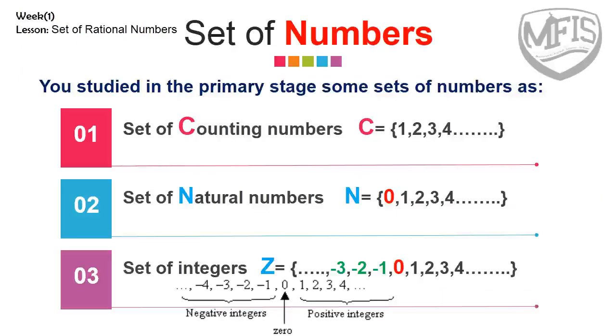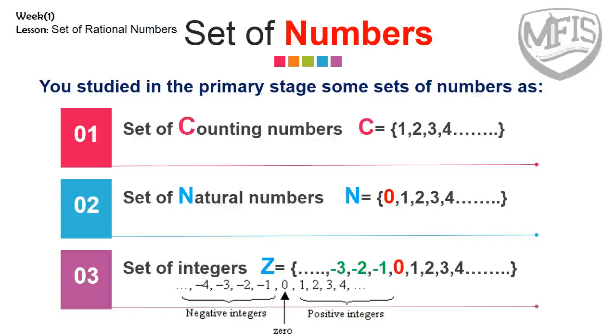In this lesson, inshallah, you will recognize a new set and also revise the last sets which you have known before. The first one, the counting numbers, denoted by C, which contains all positive numbers starting from 1.